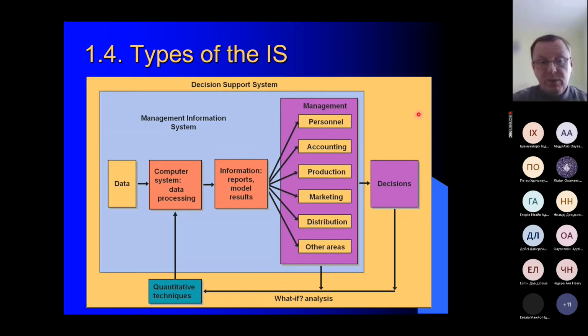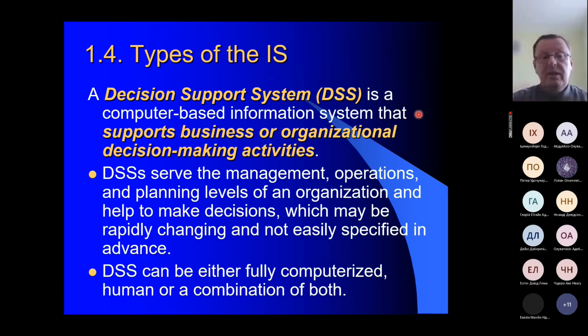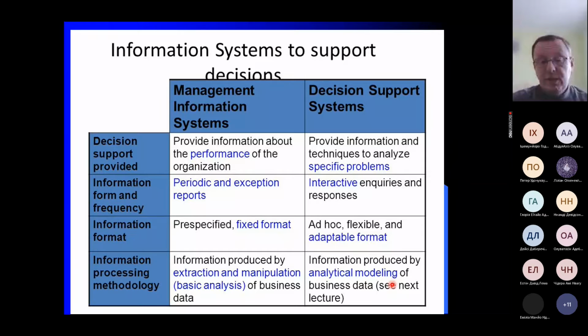In fact, a decision support system is always a further development of a management information system, with capabilities to suggest possible solutions or even refine them in interactive mode. This can be defined as a computer-based information system that supports business organization decision-making activities and serves the management, operational, and planning levels of the organization, and helps make decisions which may be rapidly changing and not easily specified in advance. Again, a DSS can be fully computerized, human, or a combination of both.